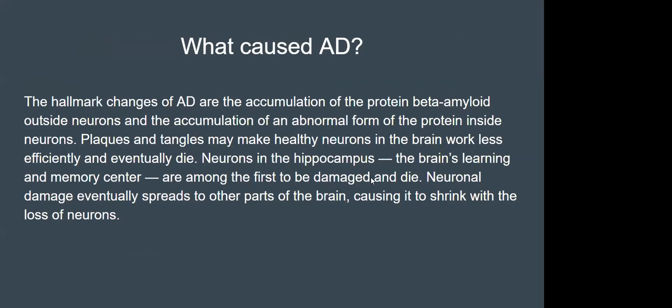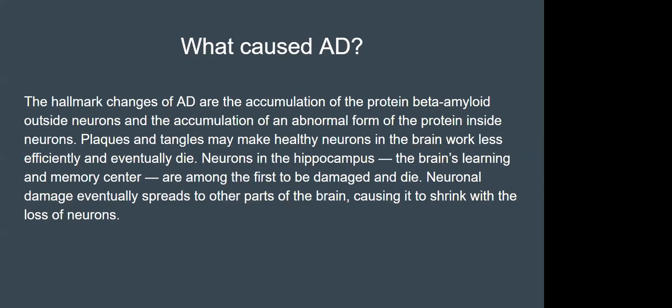So what causes AD? The hallmark changes of AD are the accumulation of the protein beta amyloid outside neurons and the accumulation of an abnormal form of a protein inside neurons.